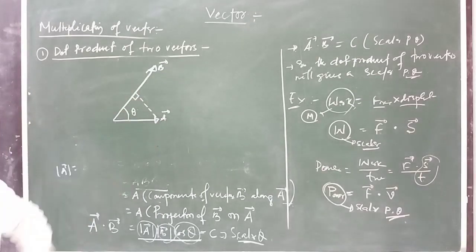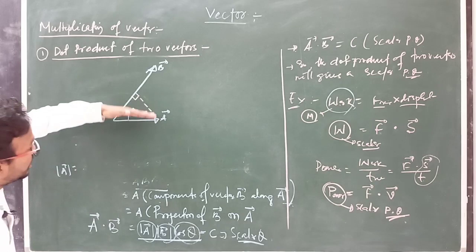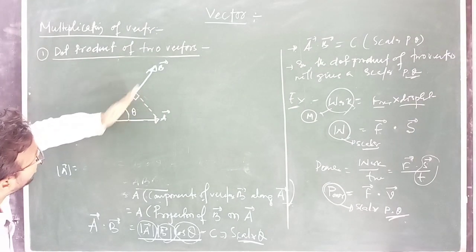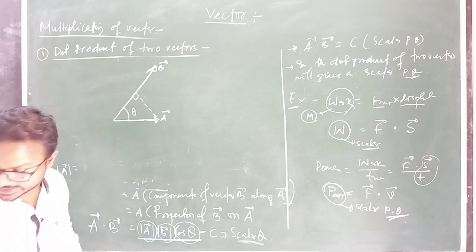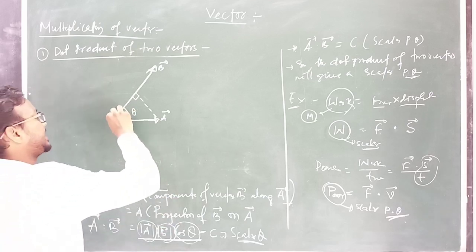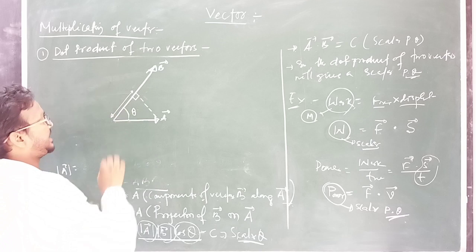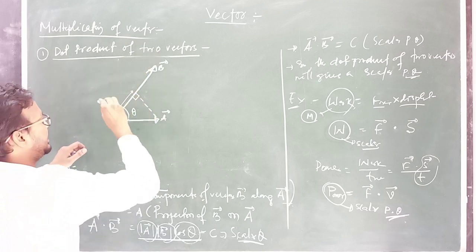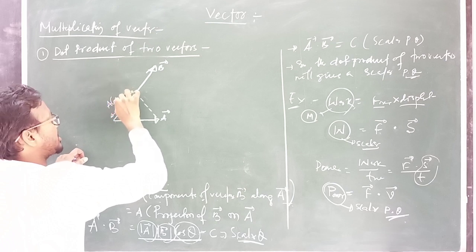Clear? Now resolve vector A into two rectangular components, so its component along B can be written as this vector, or this is the projection of vector A along B, that is A cos theta.